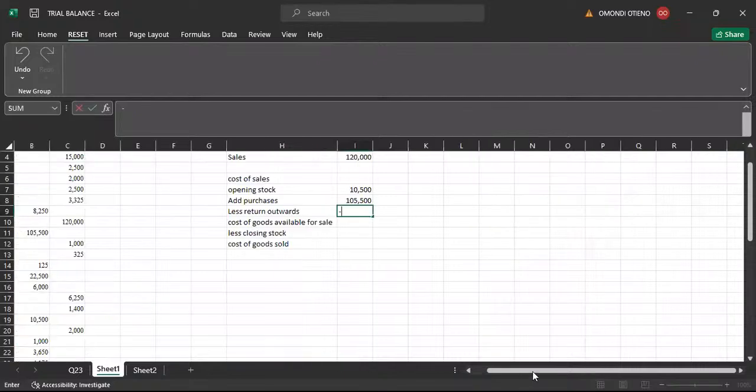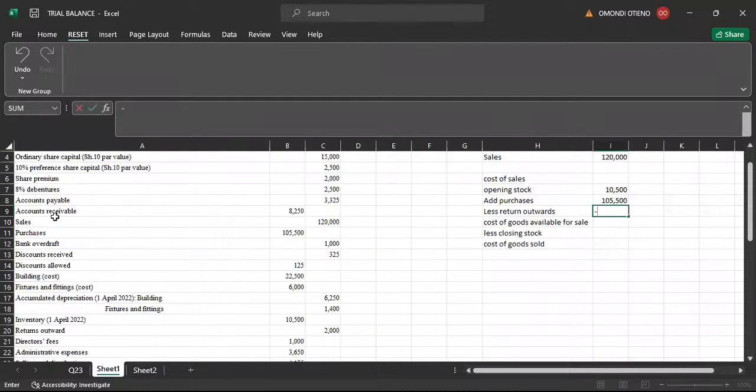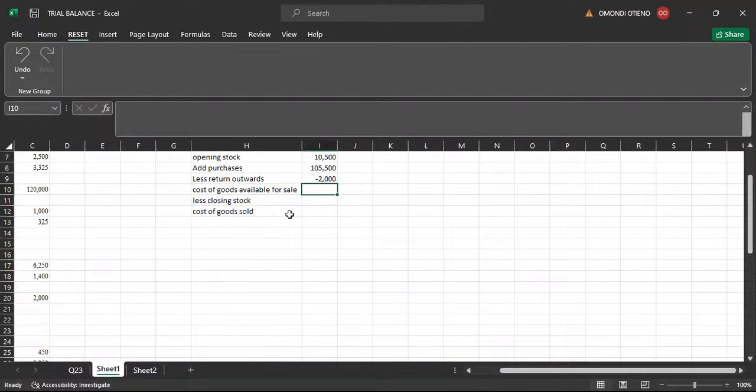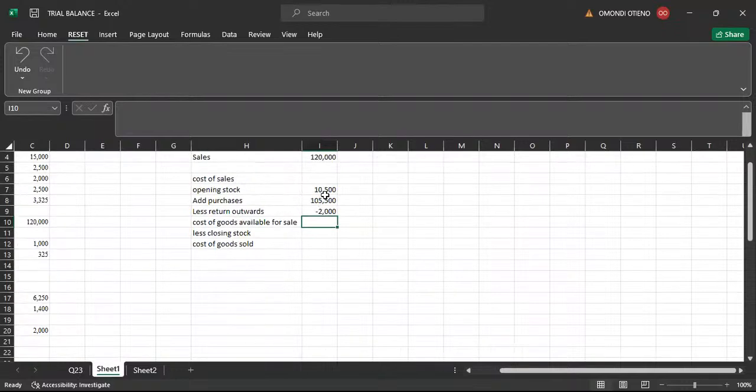I can just indicate a negative there and pick my return outwards, which you are able to identify is here. And then we get cost of goods available for sale. So it is opening stock, add purchases, less return outwards. Because I've indicated a negative, I just get the summation of this, and because these are negative, it will reduce that.